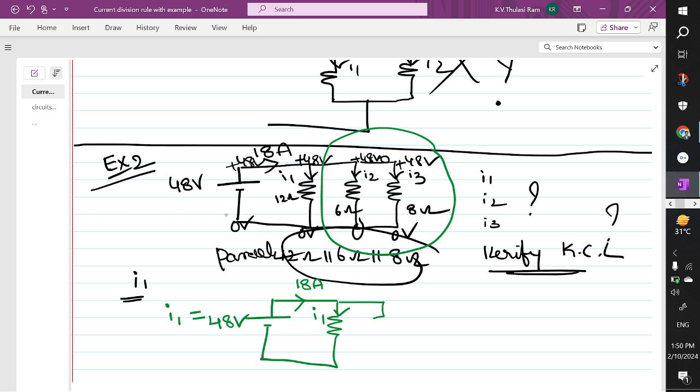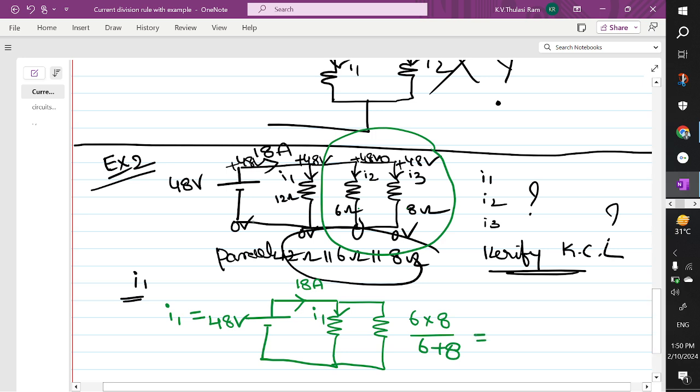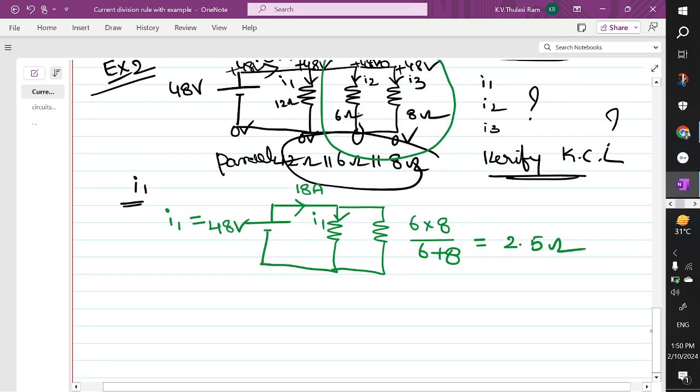I'm redrawing it: 6 ohms and 8 ohms are connected in parallel. The equivalent of these two is 6 into 8 divided by 6 plus 8, which gives about 3.42 ohms.